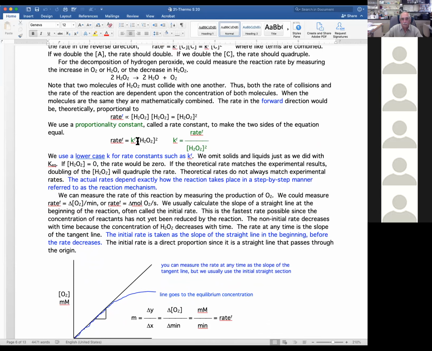So where do we get that proportionality constant? Well, mathematically, we just look at the rate compared to what concentrations were used. If I had a higher concentration, I'll get a faster rate. But within a certain range, that will be consistent, and that will be a constant.